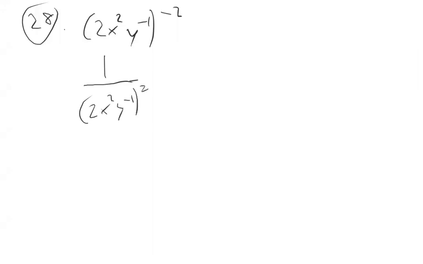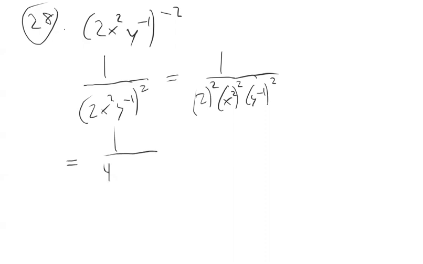Then we'll do each power individually. So this equals 1 over 2 squared and x squared, then y to the negative 1 squared. And that equals 1 over 4. And then multiply these powers together.